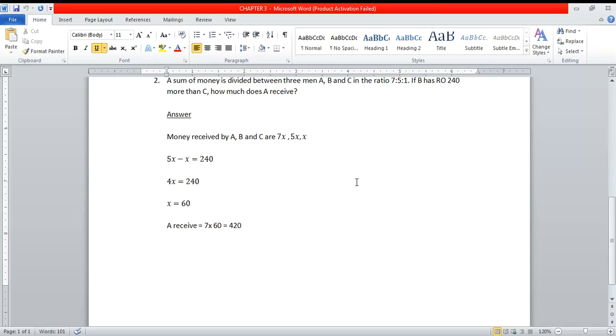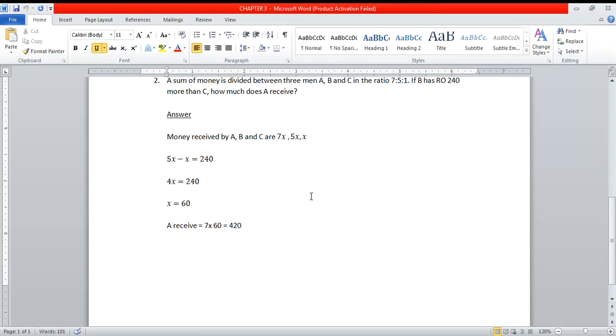A certain amount of money is given to three people A, B, and C in the ratio 7 is to 5 is to 1. Then we can say that the amount received by A is 7x, the amount received by B is 5x, and the amount received by C is 1x, that is equal to x.